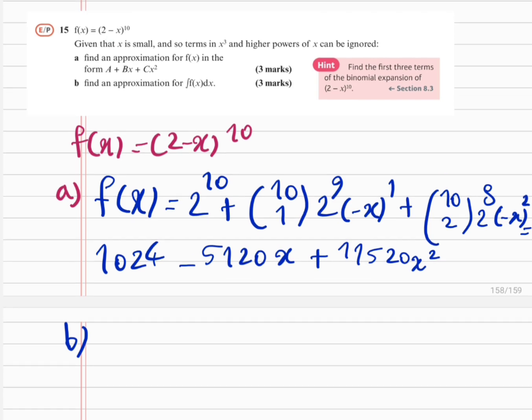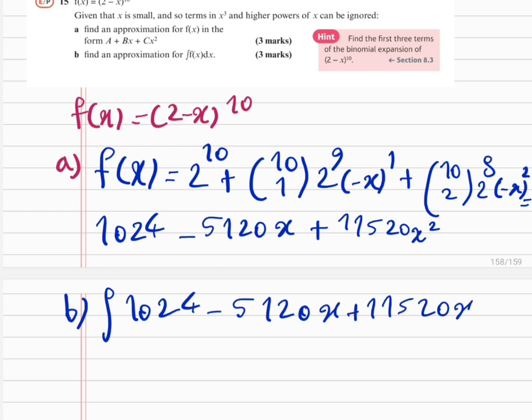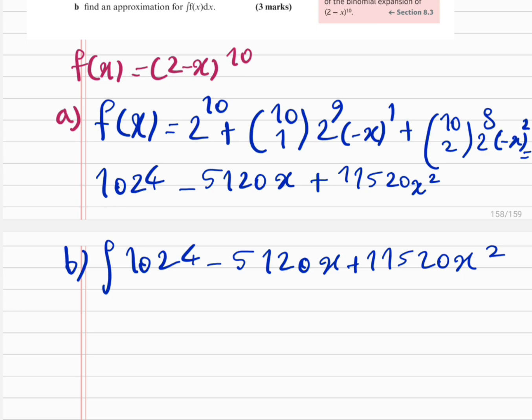If we wanted to use the original expression, we would need to expand this fully, but right now we just have the first three terms, so that's why this is an approximation. So we have the integral of 1024 minus 5120x plus 11520 x squared dx.